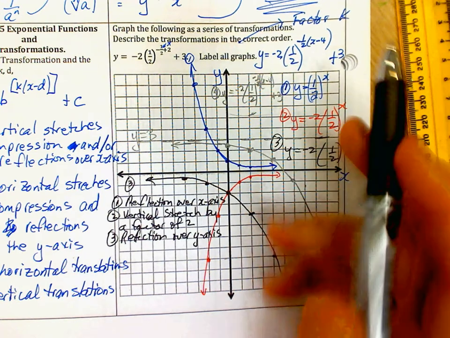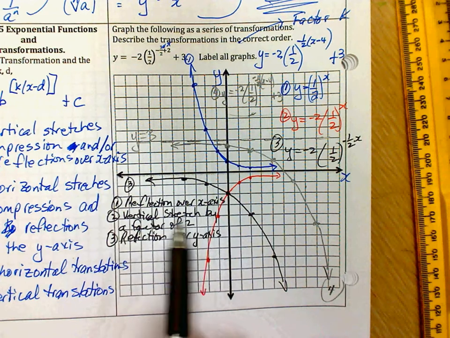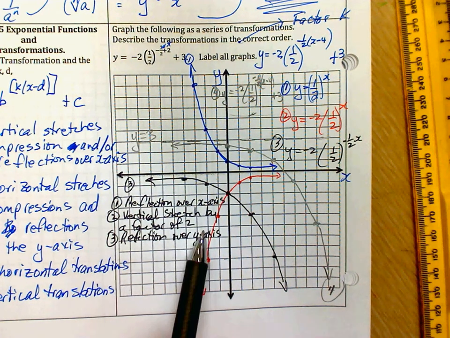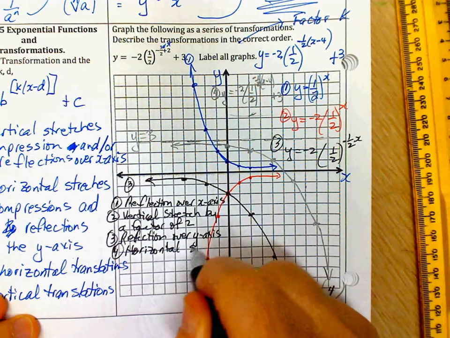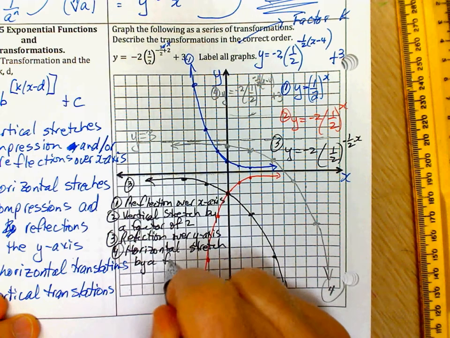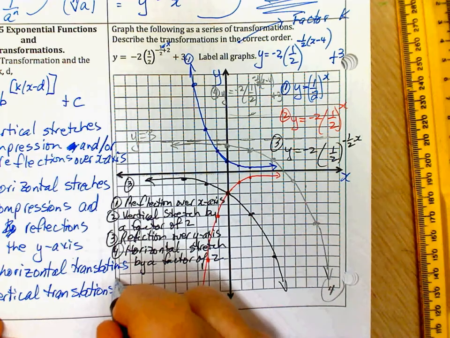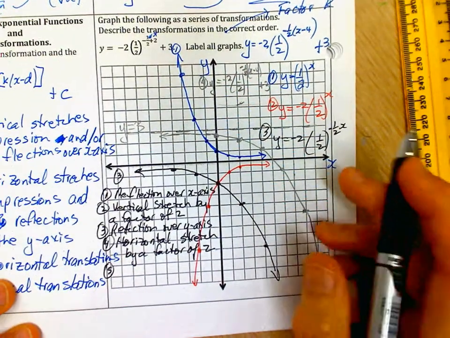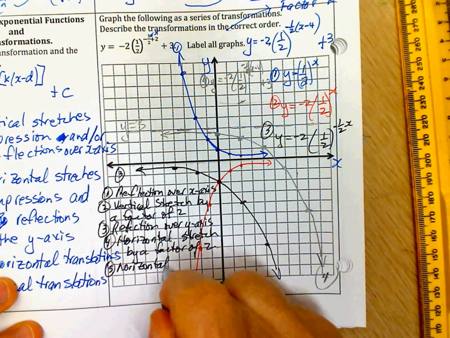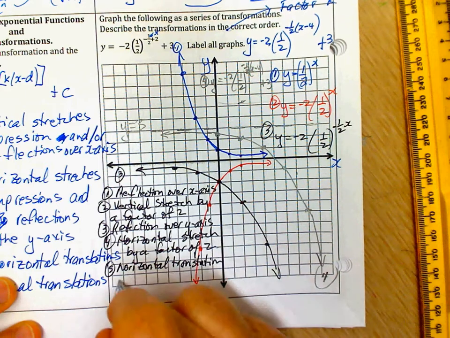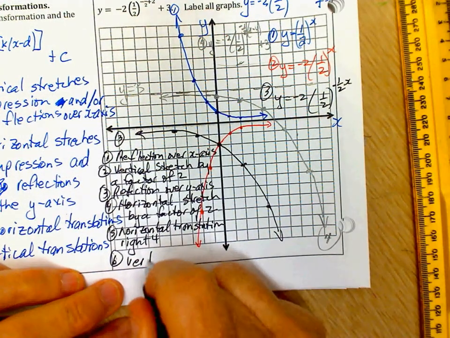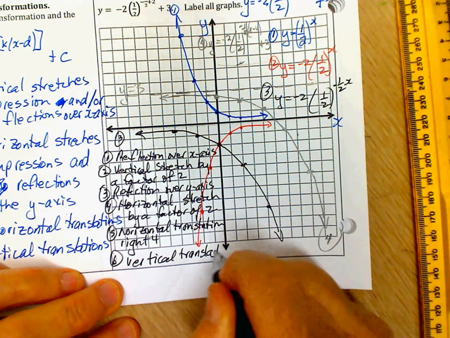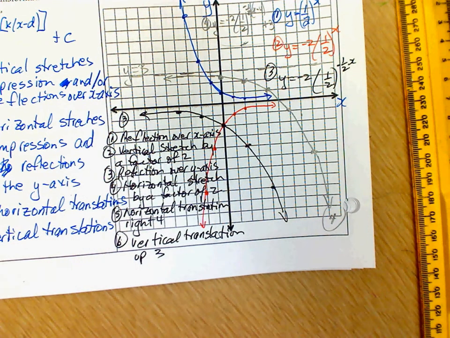Let's see, we have reflection over x, vertical stretch by a factor of 2, reflection over y, horizontal stretch by a factor of 2, and number 5 is horizontal translation right 4, and number 6, vertical translation up 3. There we go. I think we've done everything now.